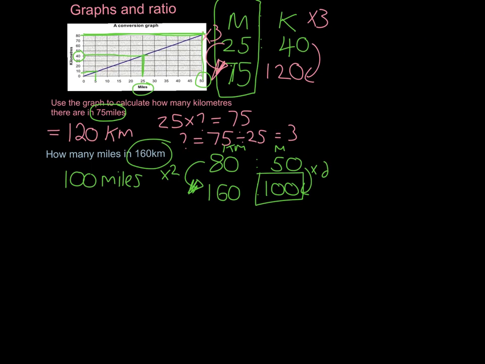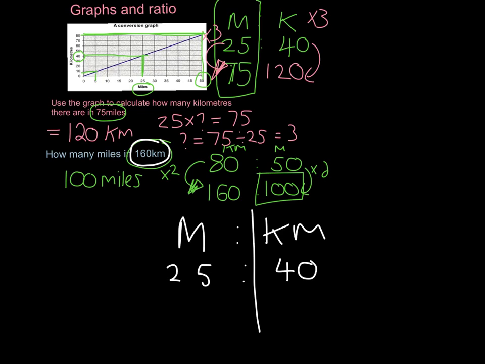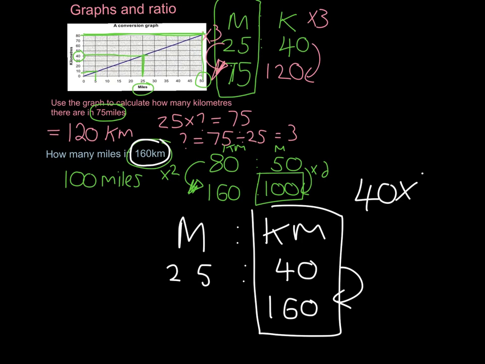So just to prove it, if you'd stuck with the original one, miles to kilometres, you'd have had 25 to 40. You were given that it was 160 kilometres, so it would be going under the kilometre side. So 40 times something equals 160.